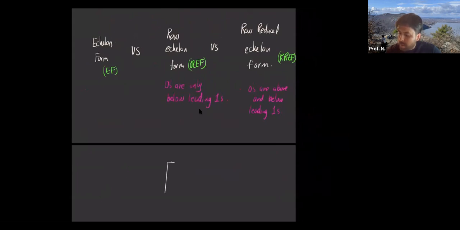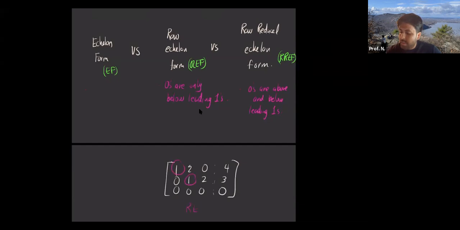If I had one, sorry, 0, 0, right? 2, 0, 4, something like this. And I had 1, 2, 3, and 0, 0, 0. If I have this, this is what?